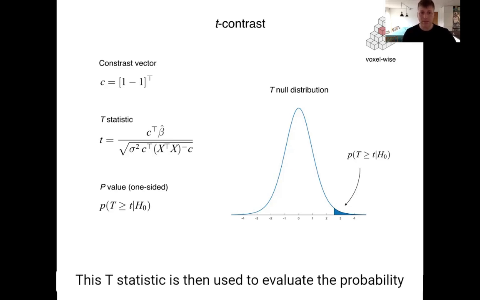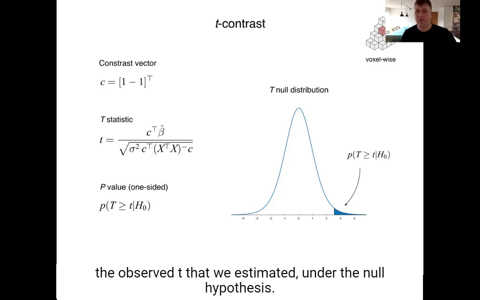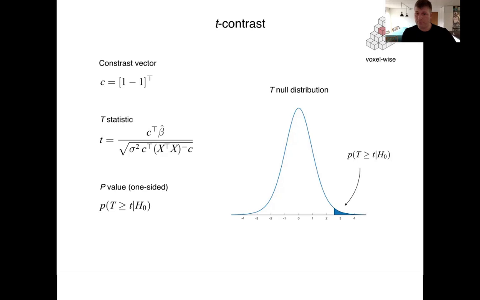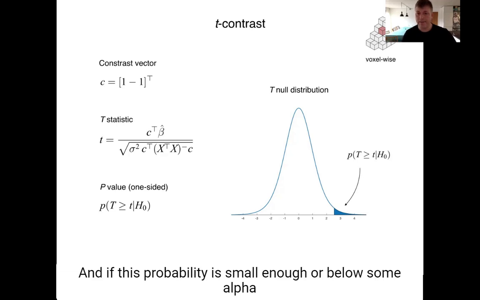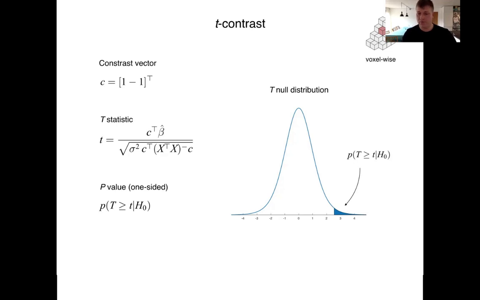But this T statistic is then used to evaluate the probability that the effect T is equal to or greater than the observed T that we estimated under the null hypothesis. And if this probability is small enough or below some alpha threshold, say 0.05, we could declare the effect significant.